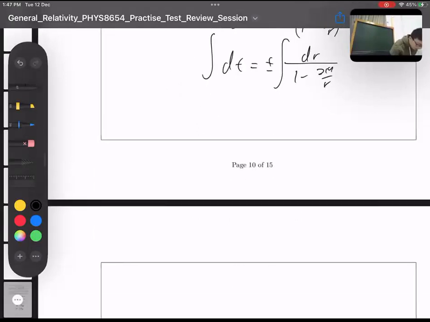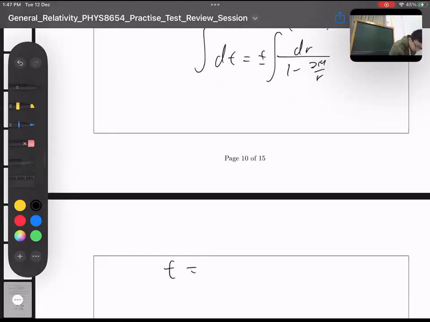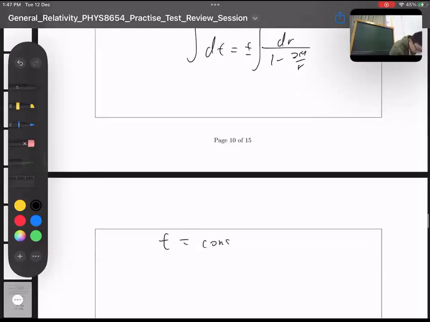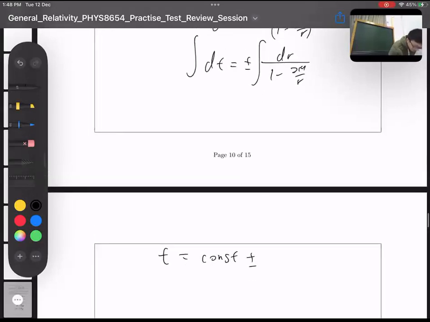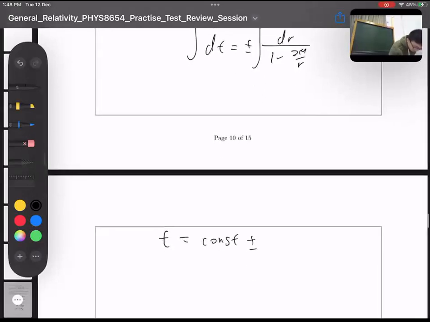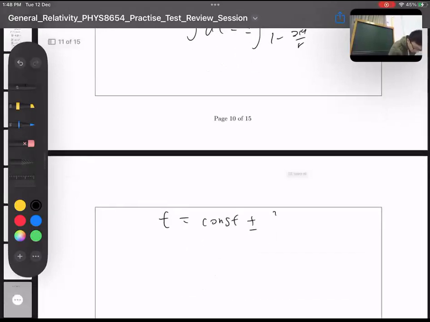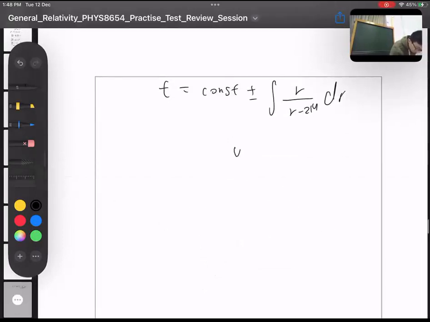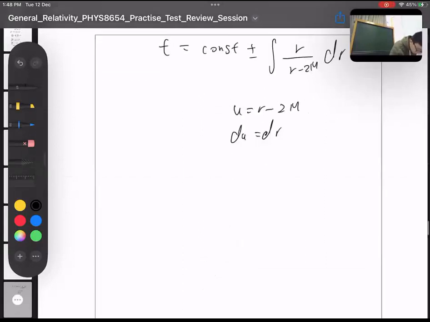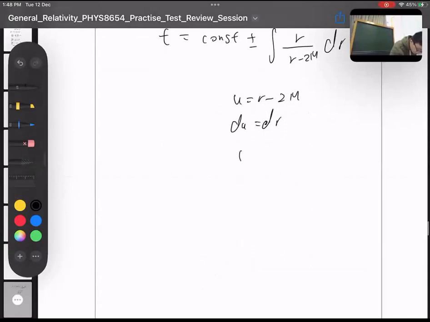So this is just simply t equals constant plus or minus, this is multiplied top and bottom by r, integral r over r minus 2m dr. And then we do the same thing, u equals r minus 2m, du equals dr. Then the above is u plus 2m over u integral du plus or minus constant.